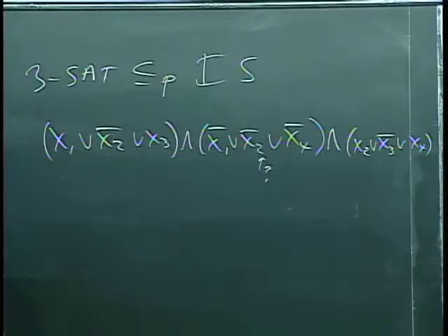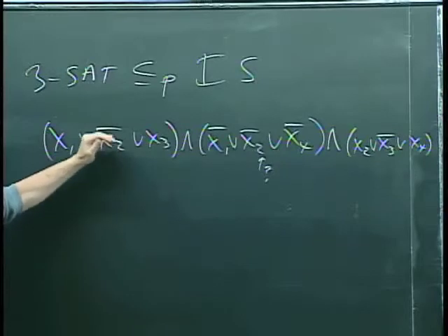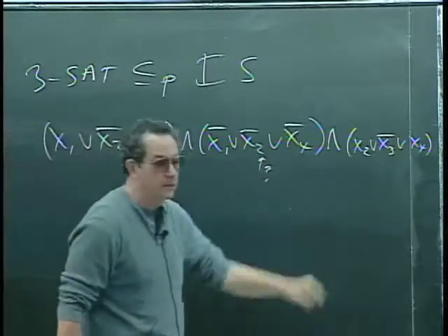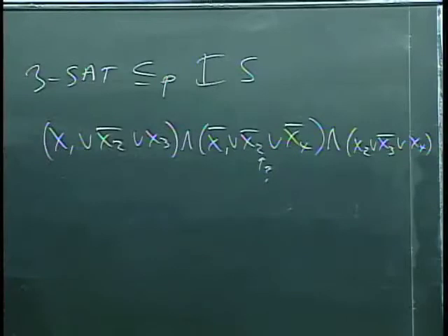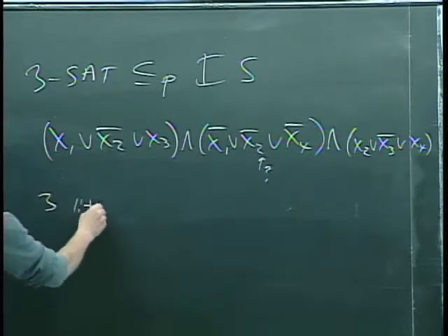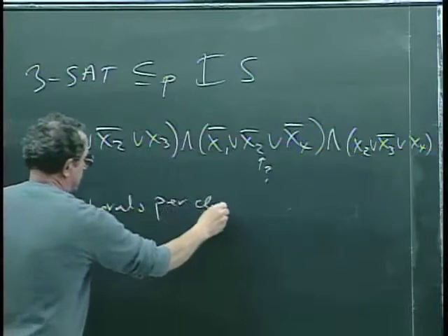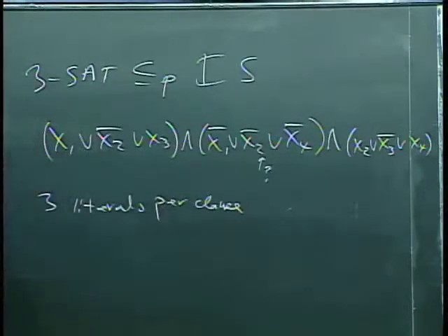A variable either negated, the not sign, or unnegated, like x2, is called a literal, just to get the terminology right. What makes this an instance of 3-SAT is that there are only 3 literals per clause. It's not the fact that we have only 3 clauses; we could have many clauses.